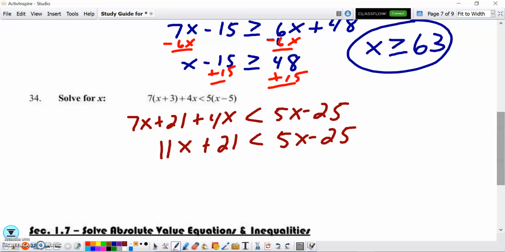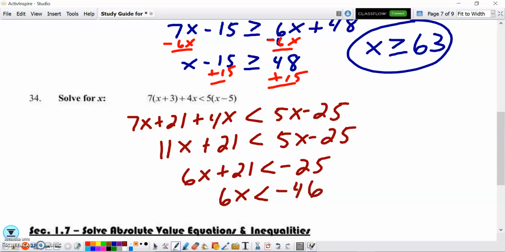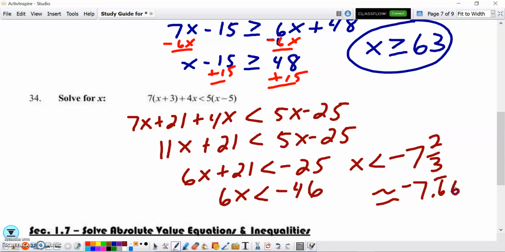So when I subtract 5x from both sides, I'm left with all right, now I'm going to subtract 21. And when I subtract 21, I end up with -46. Then I divide by 6, and I end up with x is less than -7 2/3, which is -7.6 repeating. So x is less than -7.6 repeating. All right, my time is up.